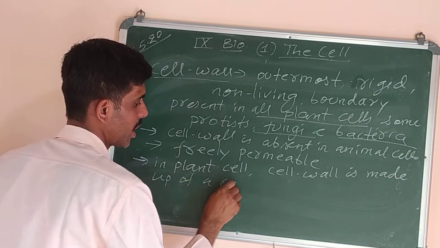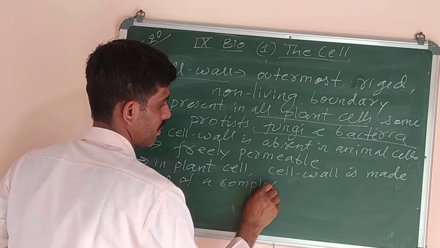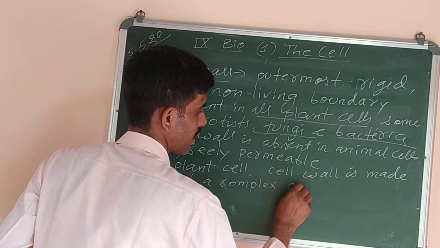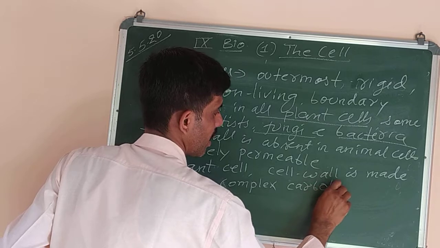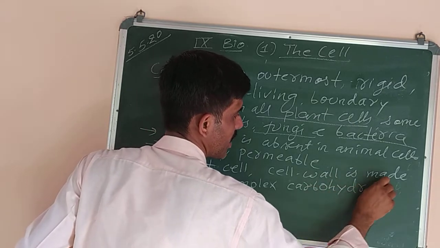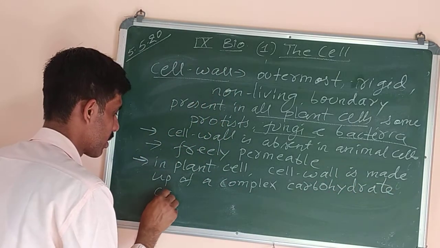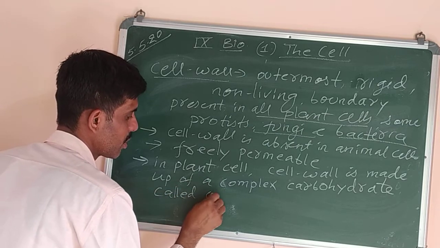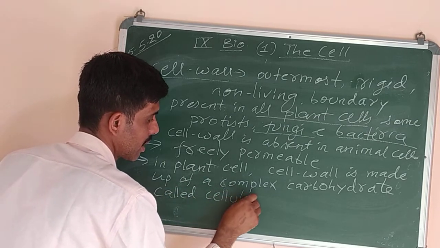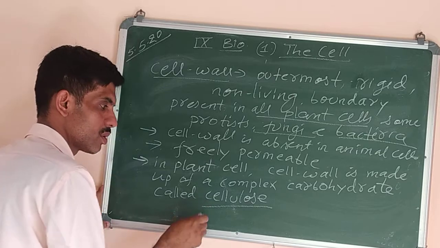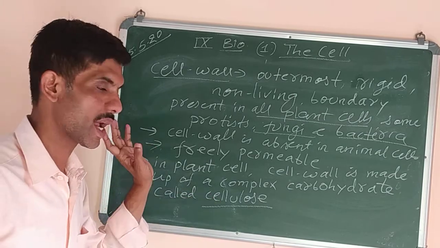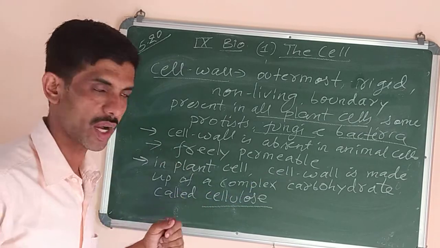In plant cell, cell wall is made up of a complex carbohydrate called cellulose. So cell wall is made up of cellulose in plant cell, which is a type of carbohydrate.